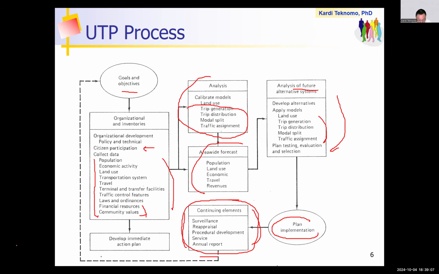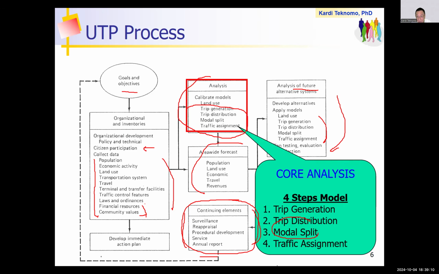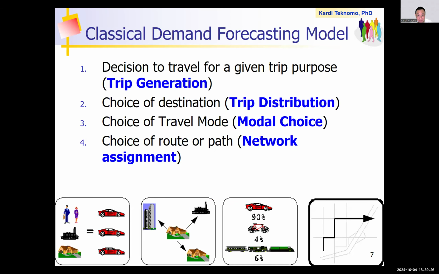Of course, the main core is in this 4-step model. We have trip generation, trip distribution, modal split, and traffic assignment, which we will discuss maybe from the next meeting. So what is this in the big picture? In trip generation, we want to know the decision of each individual to travel given the trip purpose.